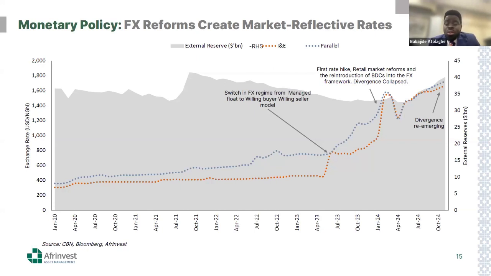And the current situation of the currency on the market evidently shows that demand continues to outweigh supply, and the primary sources of supply still remain challenged, speaking from the trade side, and also foreign capital importation. So the current pricing in the FX market shows that CBN still needs to do so much more in terms of servicing all these segments of the market.